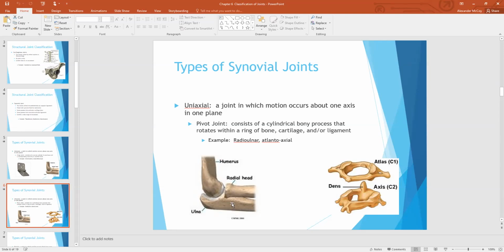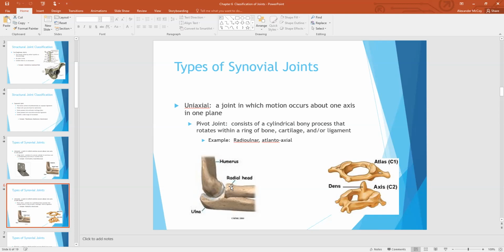So think about your radial head right here. See how it's kind of a cylinder that's circled? Well, it rotates over and around your ulna. How awesome is that? So for you to supinate and pronate at the elbow, there's actually the radius rotating around the humerus and then rotating back.